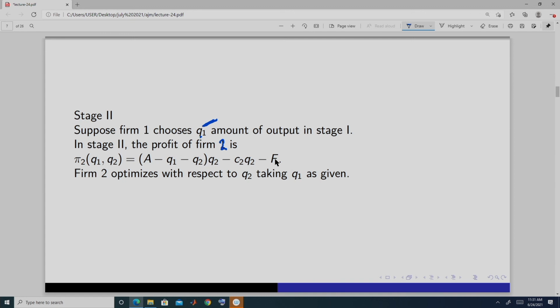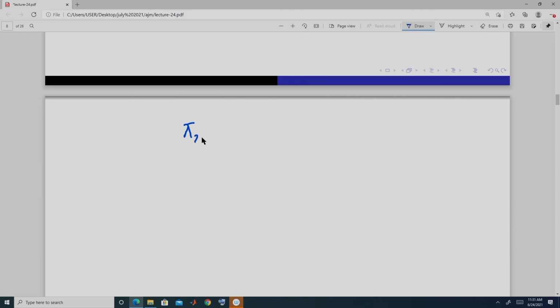Firm 2 optimizes its profit with respect to Q2, taking Q1 as given, because it cannot decide that output. It simply observes that firm 1 has already produced this much, or is committed to it.